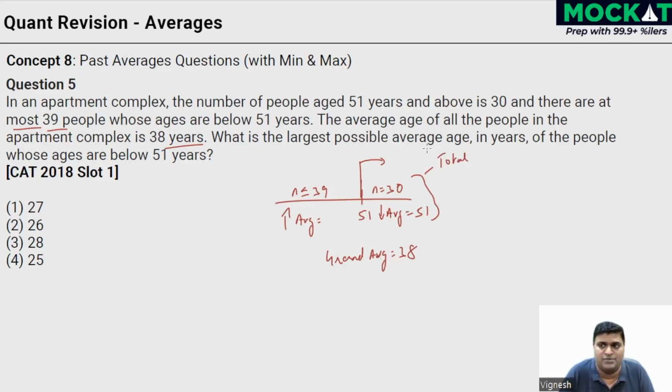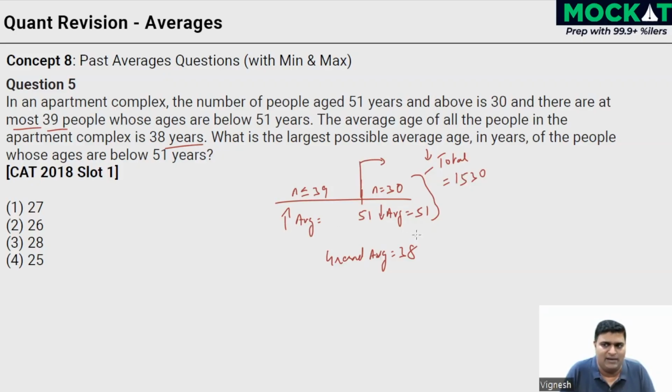The smallest possible total I can give them is going to be 30 into 51. That comes to 1,530. 1,530 is the smallest possible total I can give to these 30 people, so that the other side I can increase it. I can put the highest possible value over here.